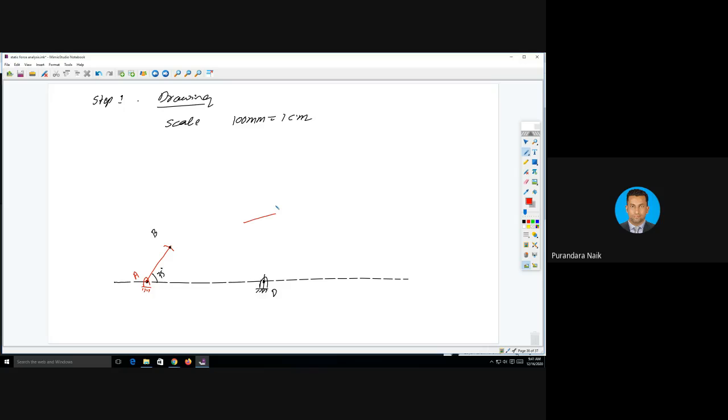And DC length 500. So cut the length. This is C. Join DC. Okay. And DC.